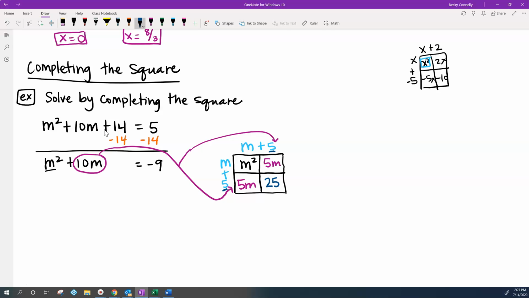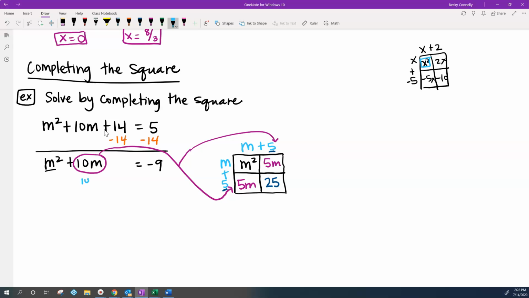Right? And so let's go back over here to the equation, and you can see what's happening equation-wise. When you're doing this, you're thinking, what's half of my middle term?